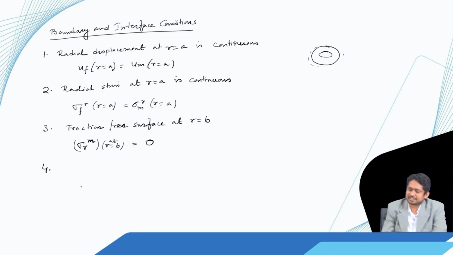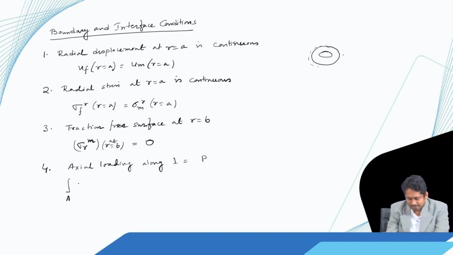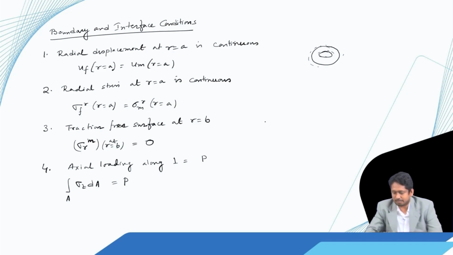So, the stress resultant at the face where the load is applied is equal to P. So, this condition says that axial loading along direction 1 is equal to P. Now, that axial loading can be thought of as the resultant of the stress sigma_z at the surface of the cylinder, and that is equal to P. So, after satisfying all these conditions, all these conditions give epsilon_1.